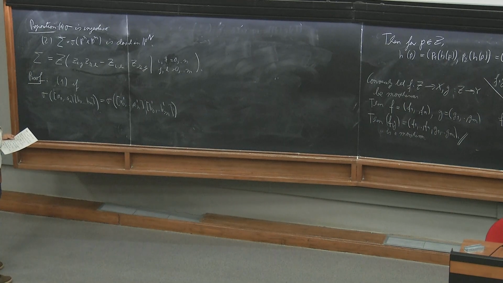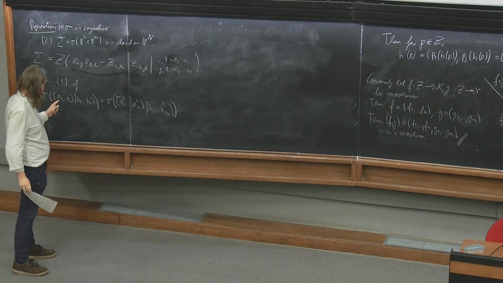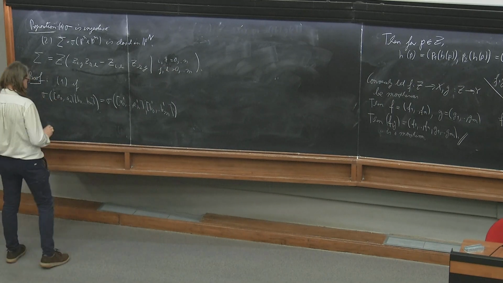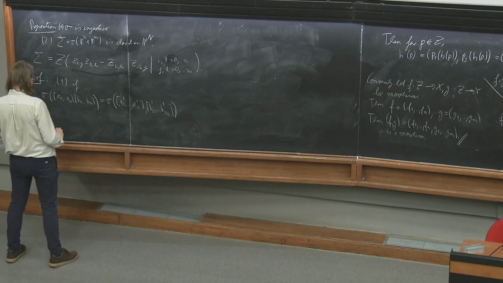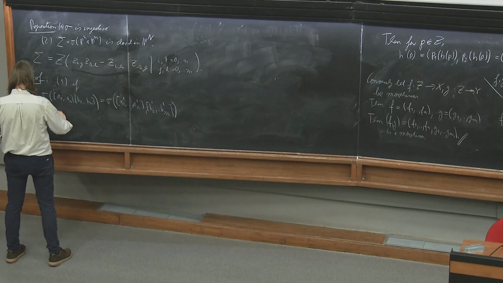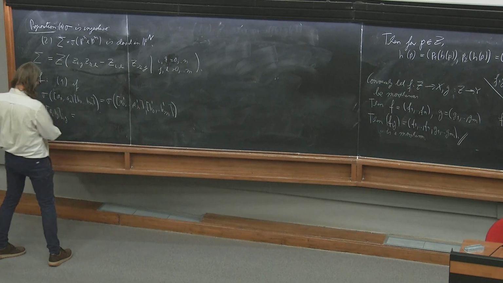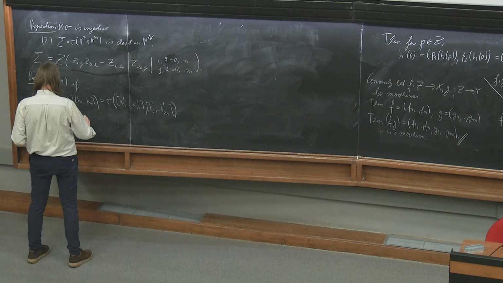So that means by definition that the tuple A_i B_j is equal, as a point in projective space, to the same thing with primes.